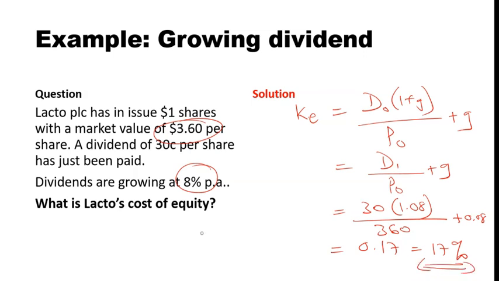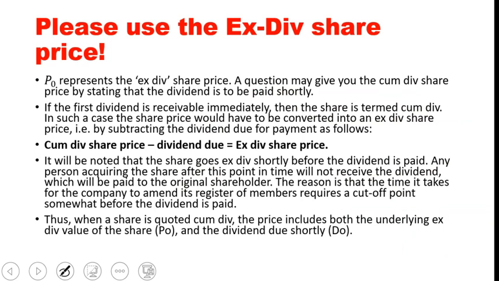All right, one thing, these share prices which we are using have certain rules that apply to them. In the exam, you might be confronted as to whether to use the cum-div share price or the ex-div share price. You need to use the ex-div share price, which means the share price after the dividend has been paid.